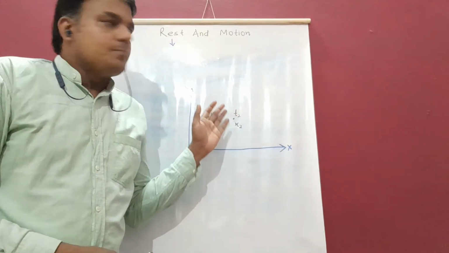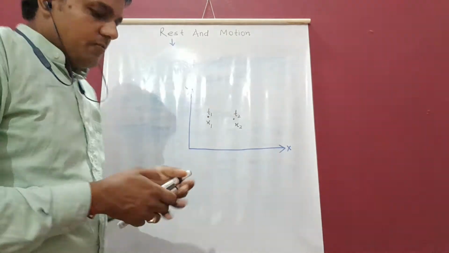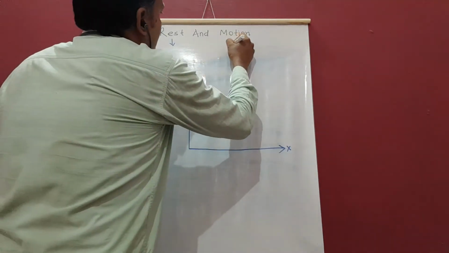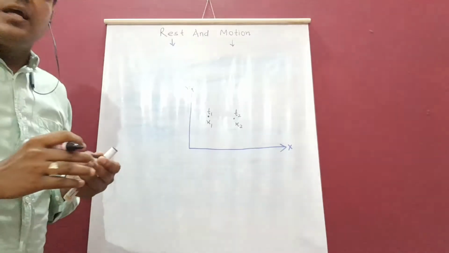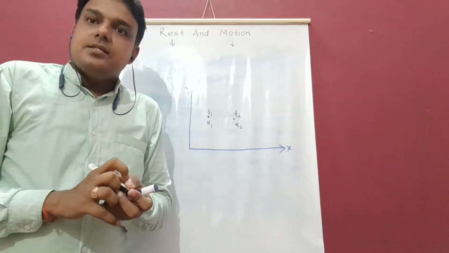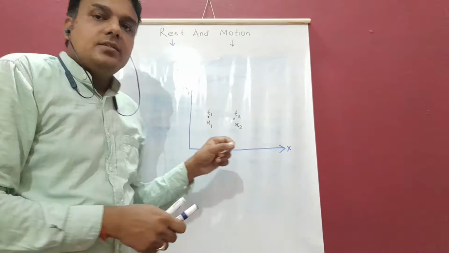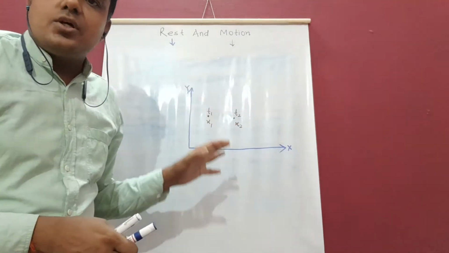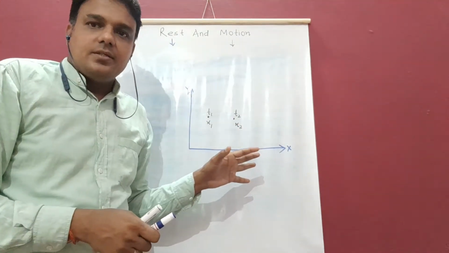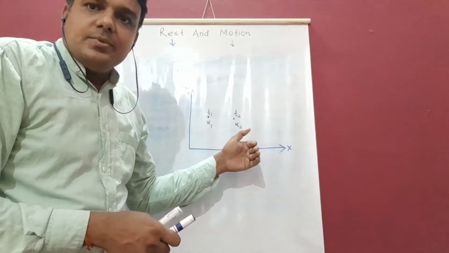Now we have another term, that is motion. What is motion? An object is said to be in motion when the position of the object changes with time.